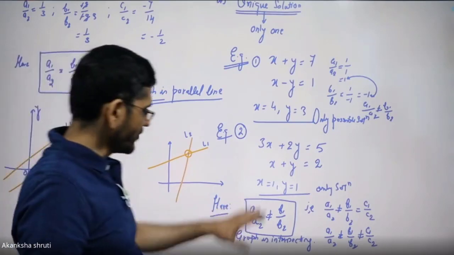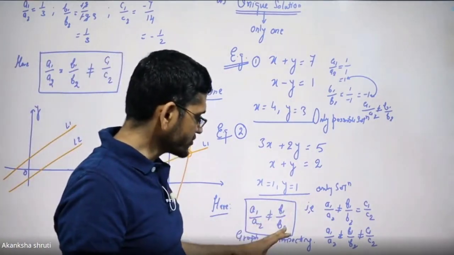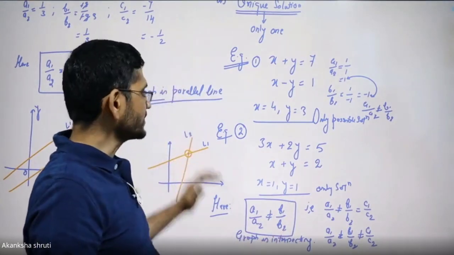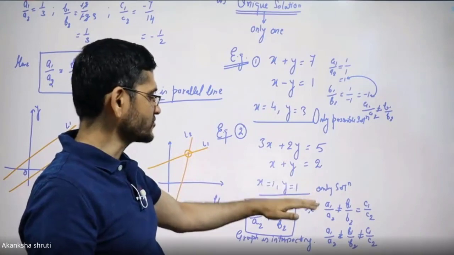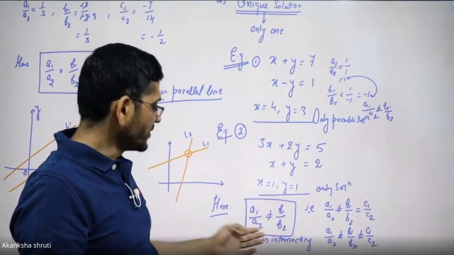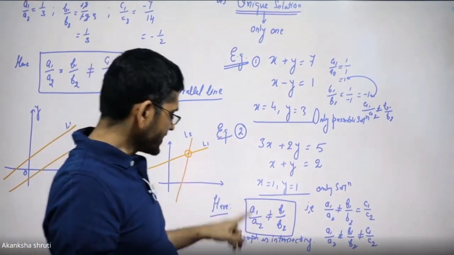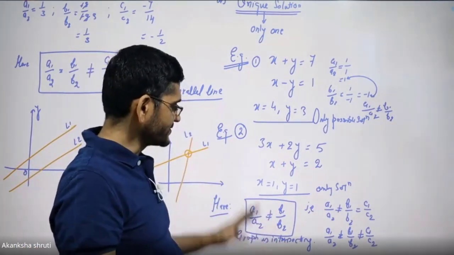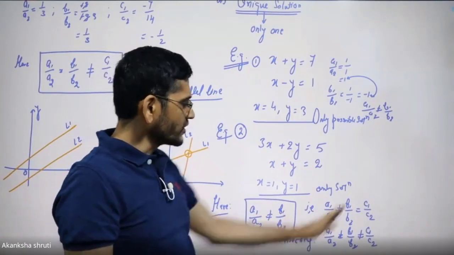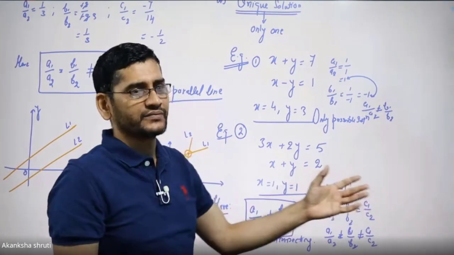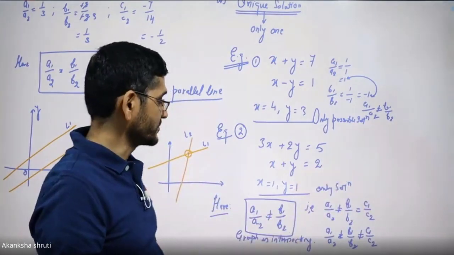But if a1 by a2 is not equal to b1 by b2, then the graph will be intersecting, and such an equation can be solved, and only one pair of x and y is possible. Also keep in mind, this a1 by a2 not equal to b1 by b2 signifies that whether this is equal to c1 by c2 or not, that doesn't matter. It is an important thing to understand. Please do not miss it.